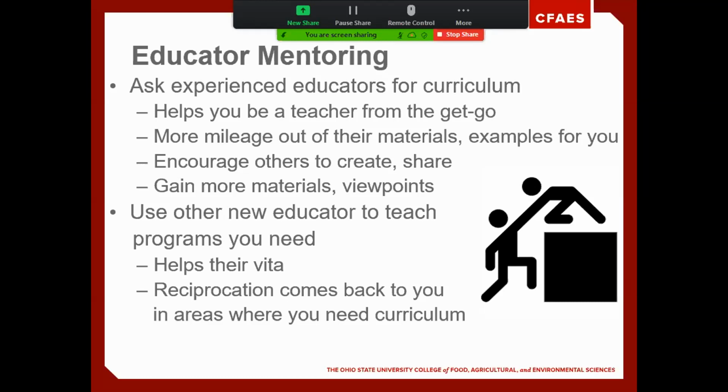So rather than spending all of your time developing something, you can teach it once, then go on and focus your time on the subject matters that you really want to learn more about.